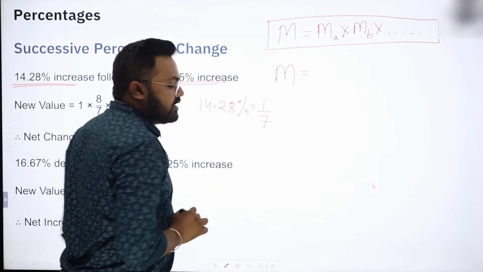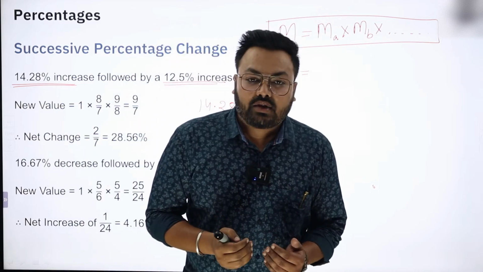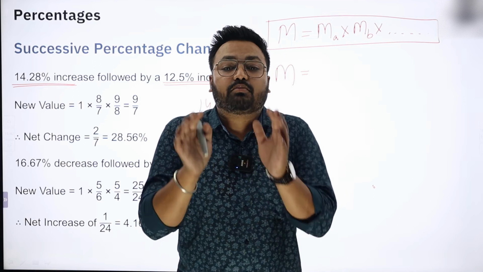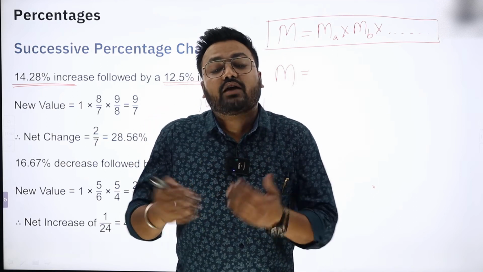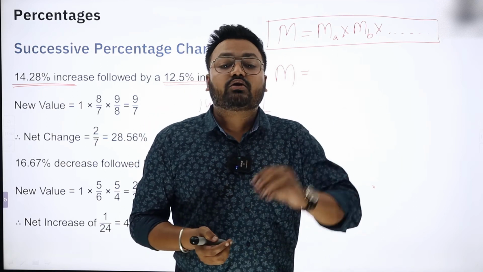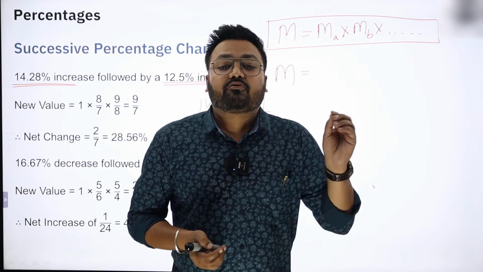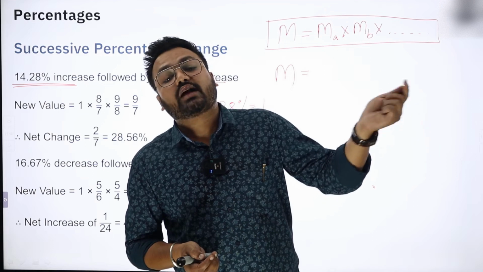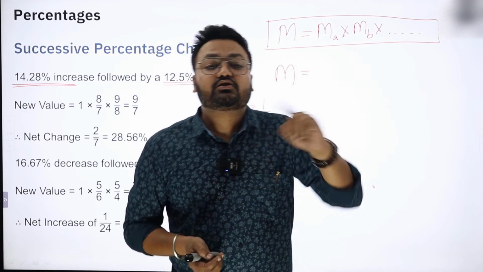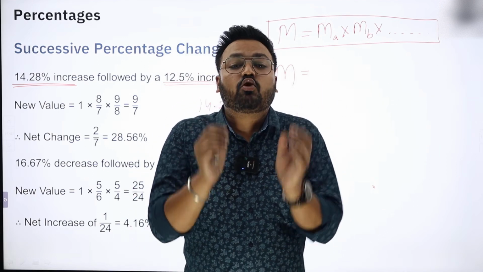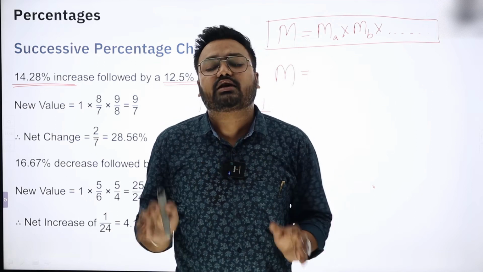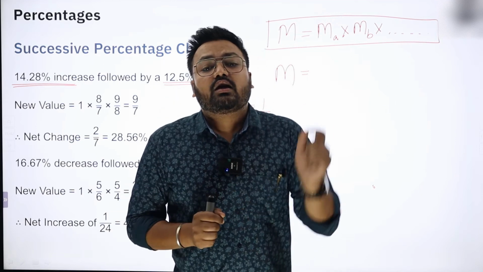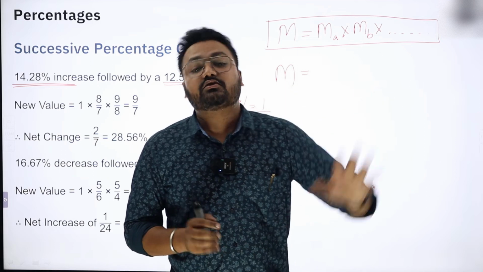When we studied the percentage chapter, we learned more than 20 fractions. We converted those fractions to percentages and percentages to fractions. These 20 or so percentage or fraction values will come in more than 80% of questions.